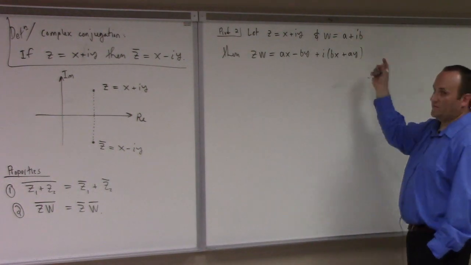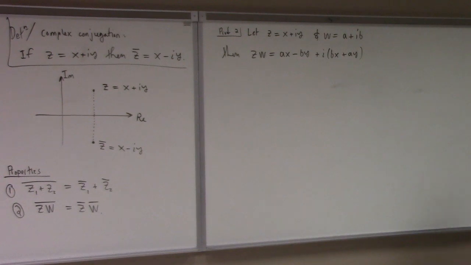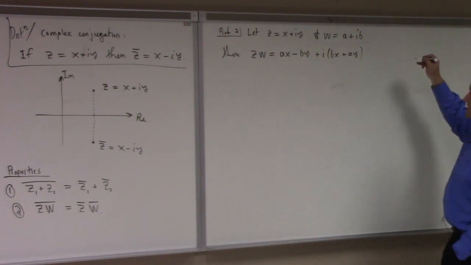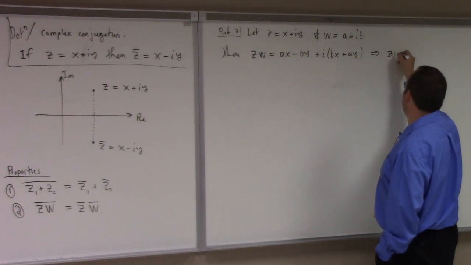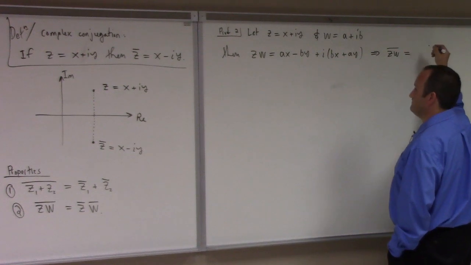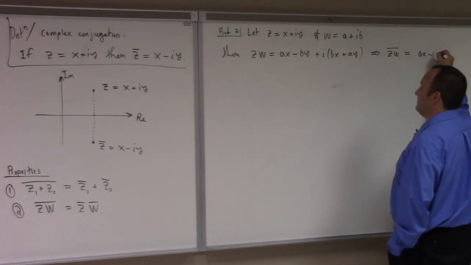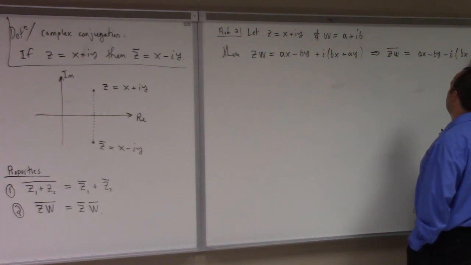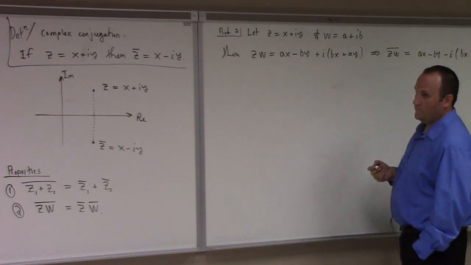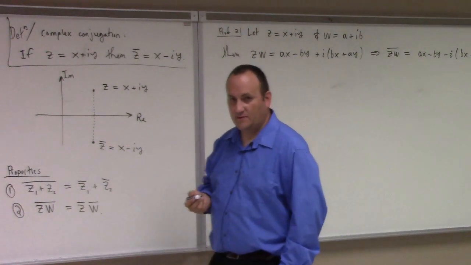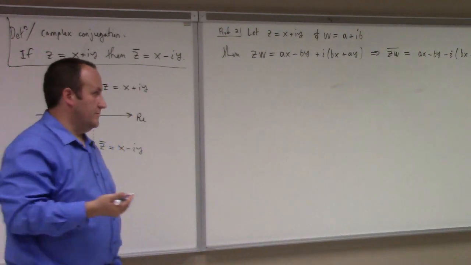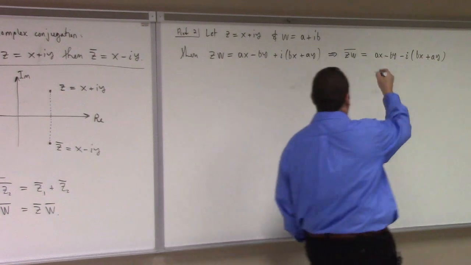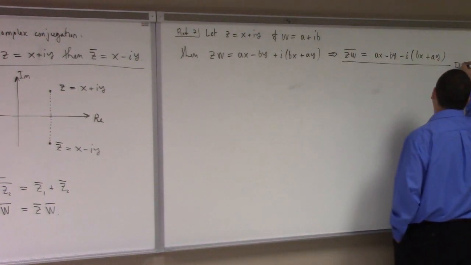It doesn't matter which order the letters go in, right? These are real multiplications. They all commute. Anyway, that is z times w, right? So what does that tell you the conjugate of zw is? So the complex conjugate of the product of z and w is that. Let me call that number 1.